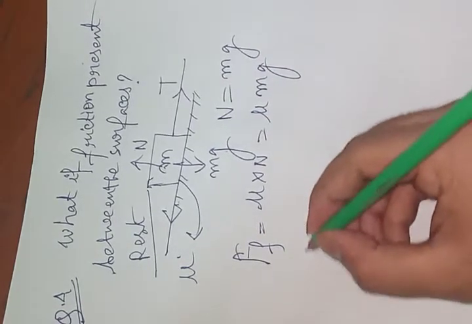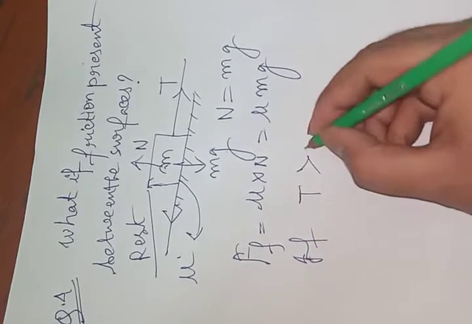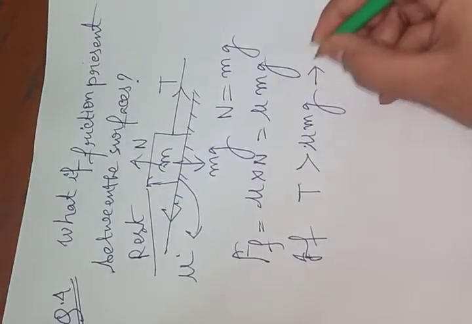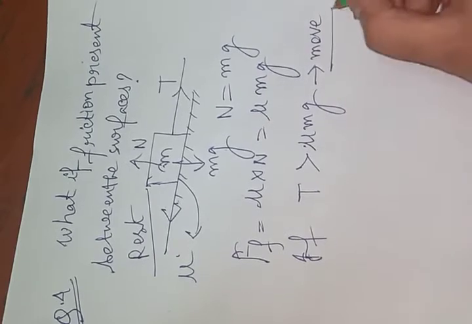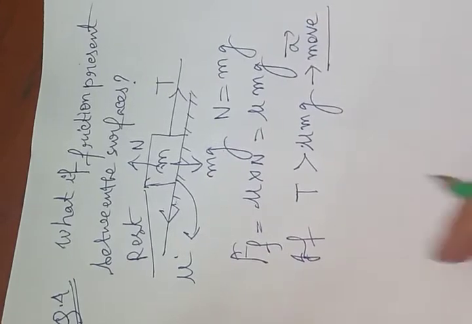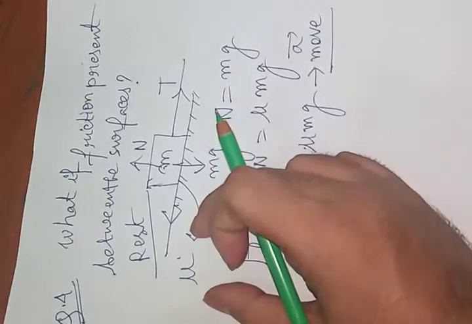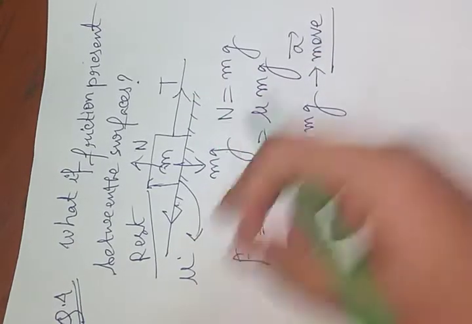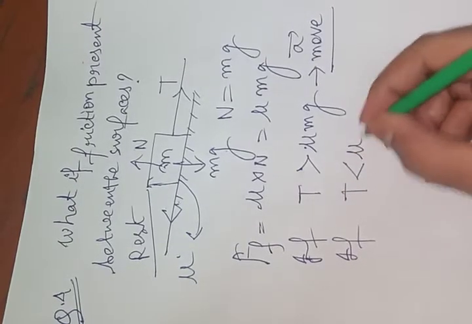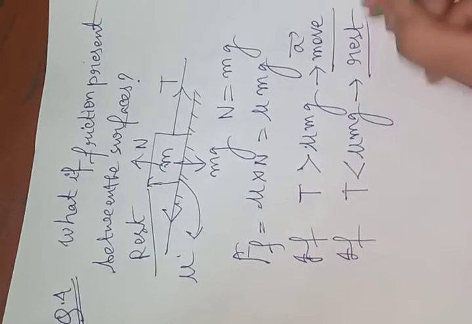Now guys, if T is greater than mu mg, the block will move from its position, which means it gains some acceleration in this direction. Second, if T is less than mu mg, the block will stay at rest.